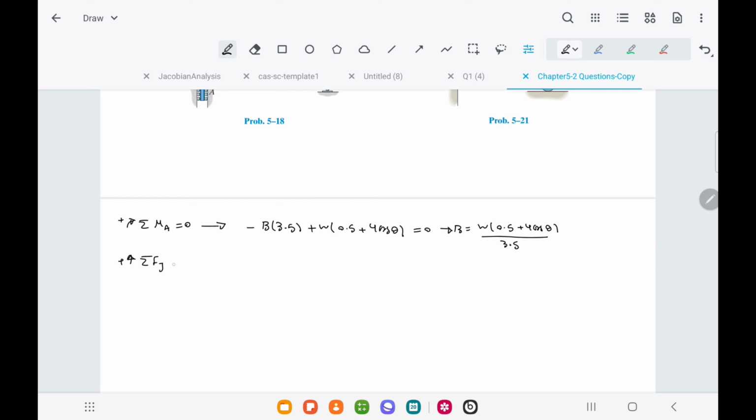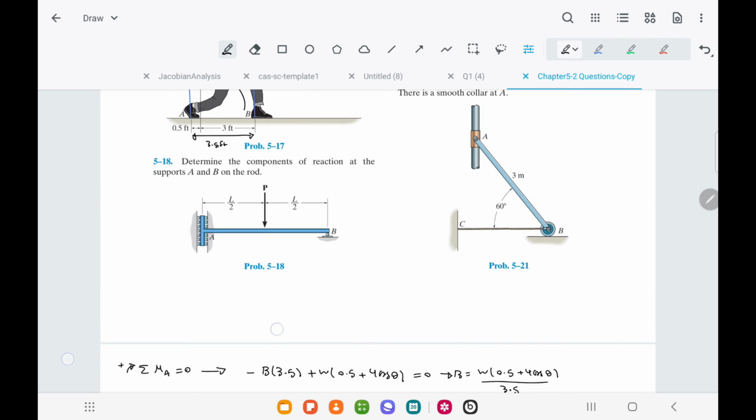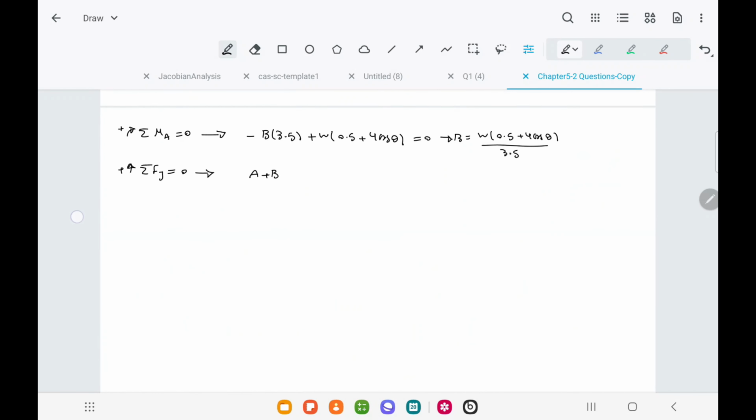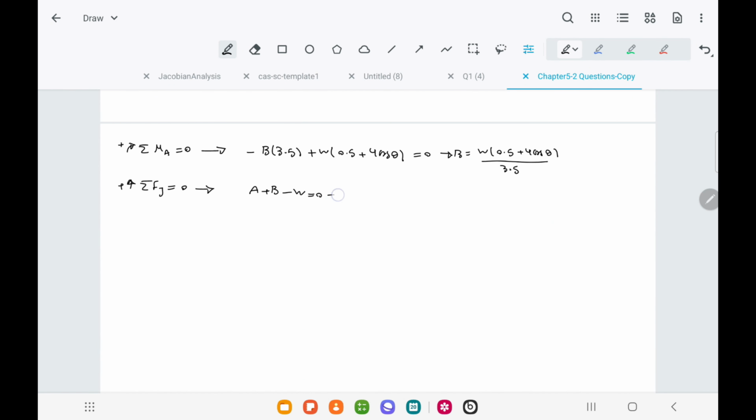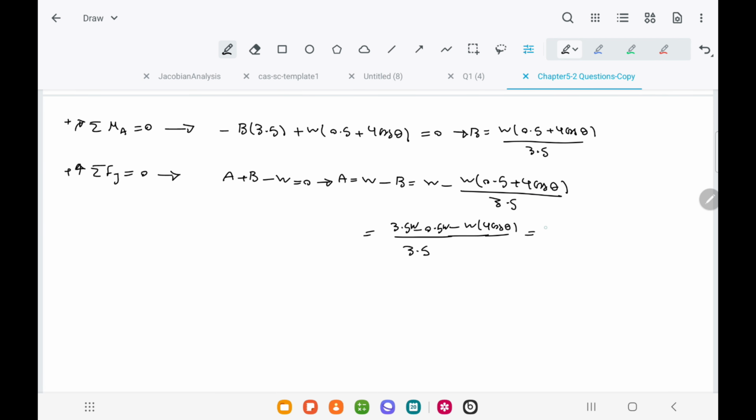Next, we use the equilibrium of the forces in the y direction to find the force at point A. We get that A plus B minus W is equal to 0, so A is equal to W minus B. Substituting the expression for B that we found earlier, we get A equals 3.5W minus W times (0.5 plus 4 cosine theta), all divided by 3.5, or W times (3 minus 4 cosine theta) divided by 3.5.